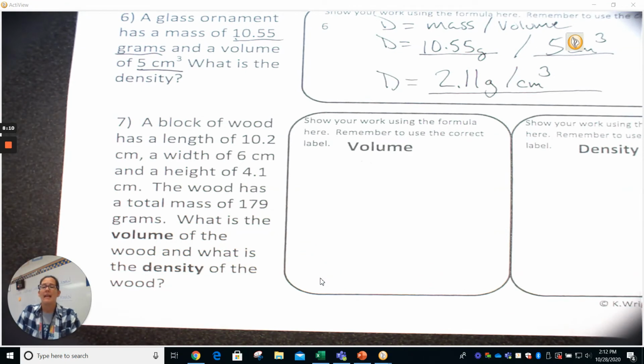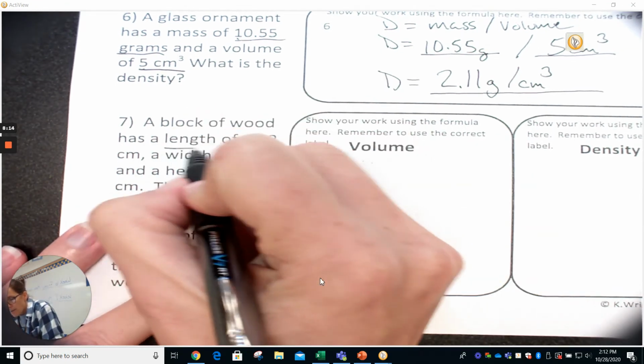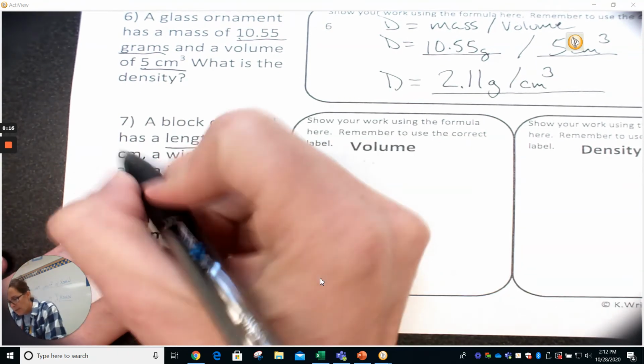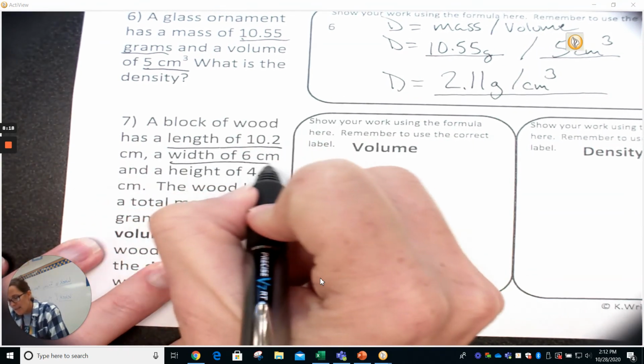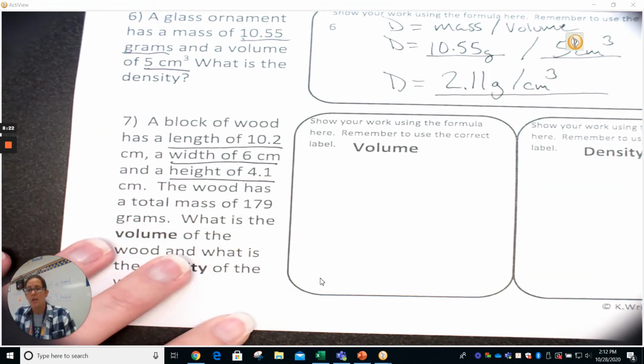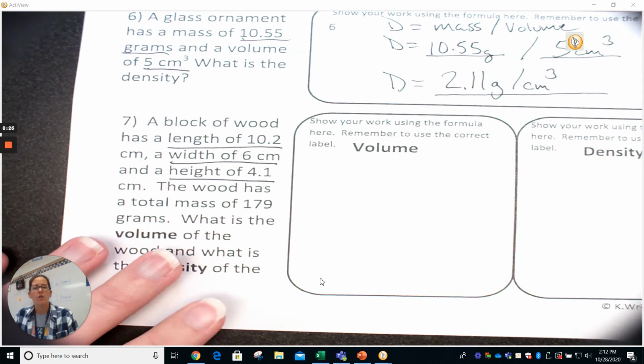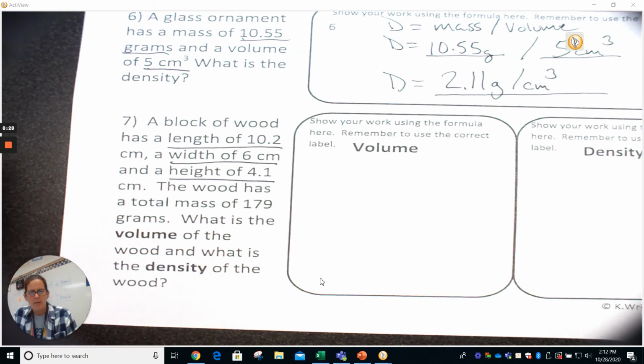So this one says a block of wood has a length of 10.2 centimeters, a width of 6 centimeters, and a height of 4.1 centimeters. The first question wants to know, what is the volume? Do you remember how we can figure that out? He talked about it a little bit kind of fast in the Archimedes video, but I'm going to tell you again anyway.